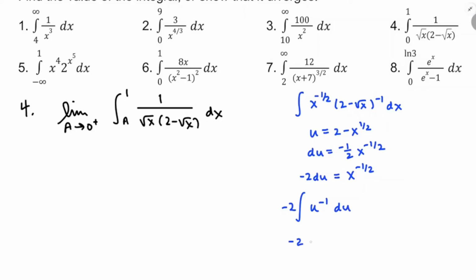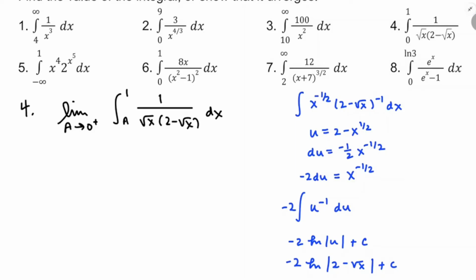So that's negative 2 log absolute value of u plus c. Now I know that u was equal to 2 minus the square root of x, so I'm going to plug that one back in, just to get myself a full-blown absolute antiderivative, which is 2 minus square root x. Okay.